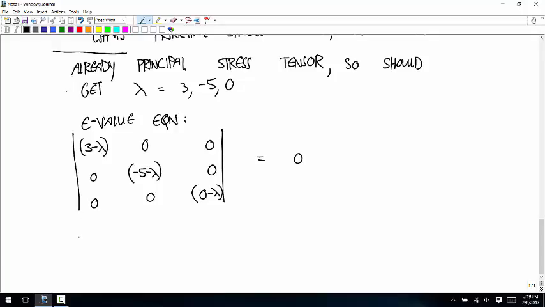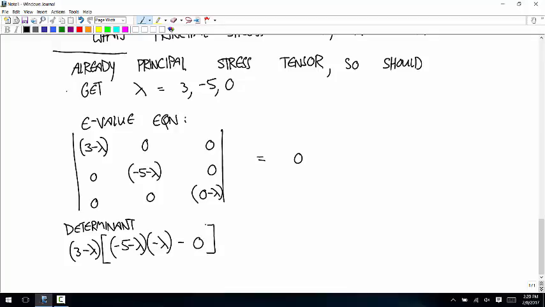And so the determinant says the quantity 3 minus lambda times -5 minus lambda times negative lambda minus 0.